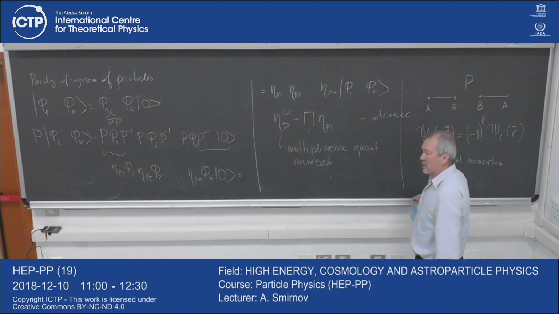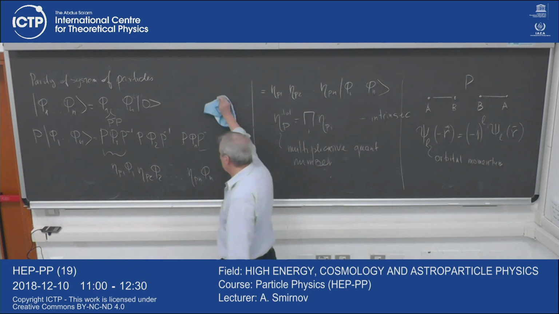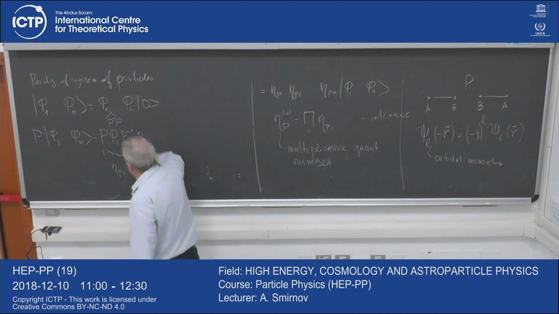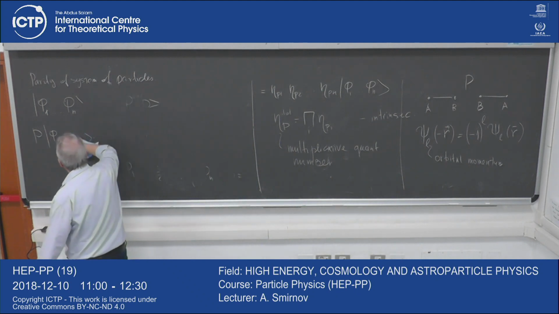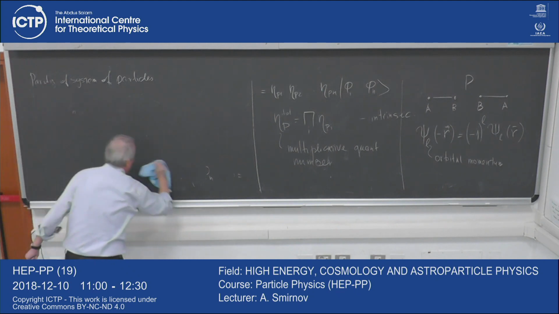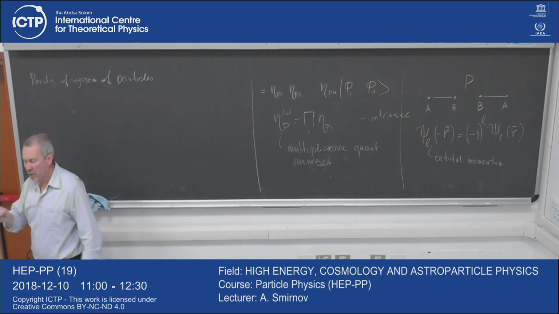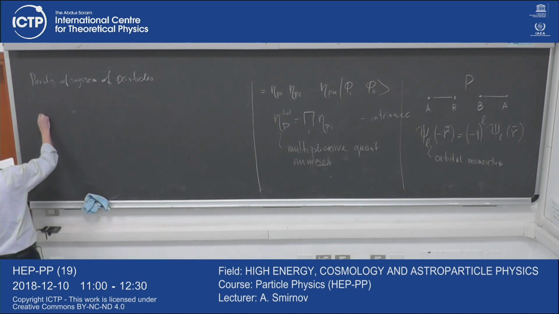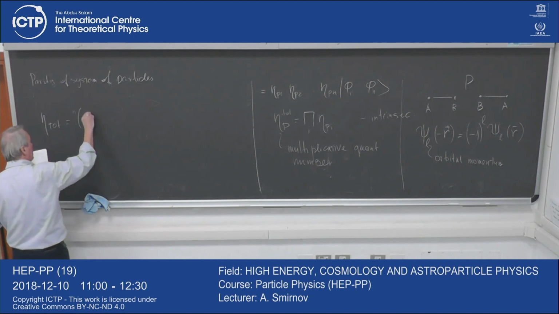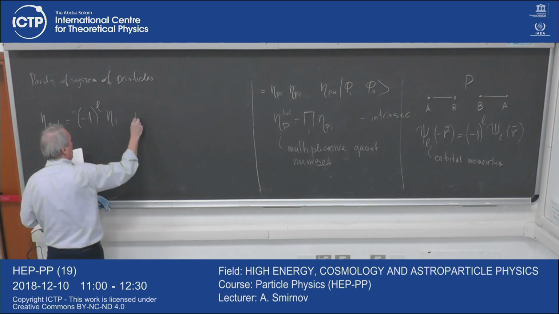It is very important that in this way, where we have determined the parities of different particles, the orbital parity turns out to be entangled with the intrinsic parity. And the total parity of the system, which includes both intrinsic and orbital parities, is given by the product of -1 to the power L and then eta P1 up to eta Pn.